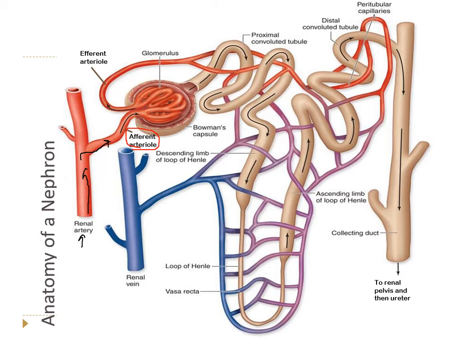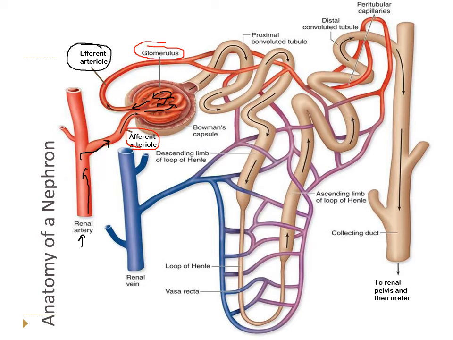From here, the blood is going to move into the glomerulus, which is a nest of capillaries, right? So the blood is going to move through this nest of capillaries, squiggly, squiggly, squiggly, and then eventually out through the efferent arteriole.